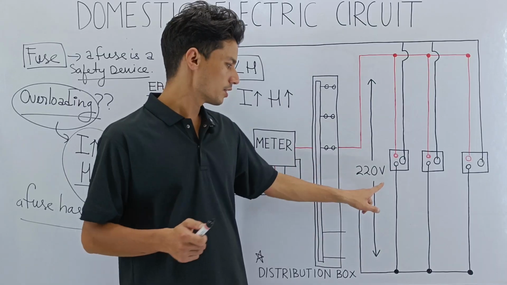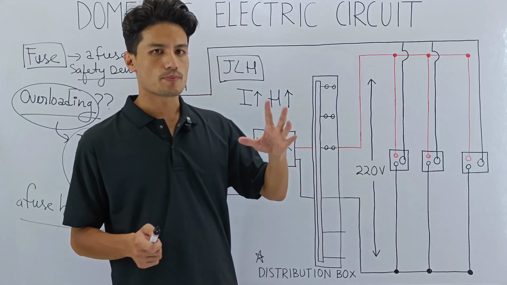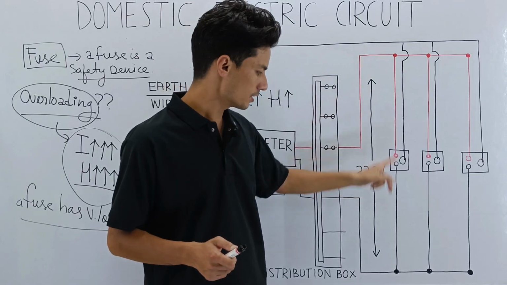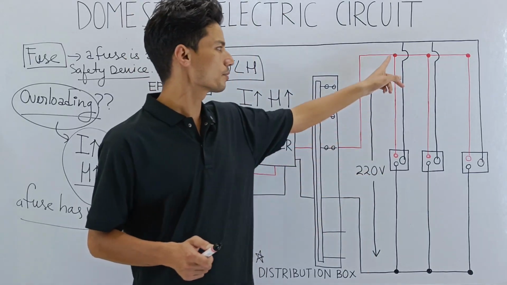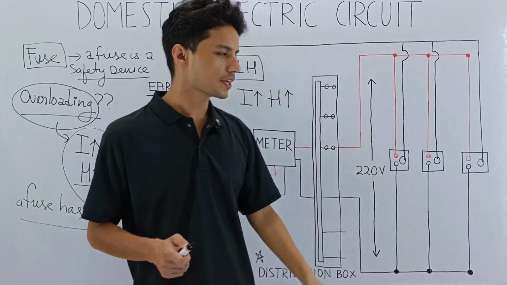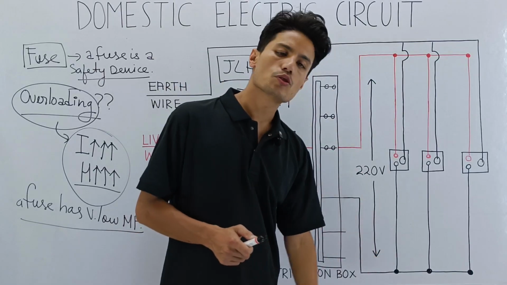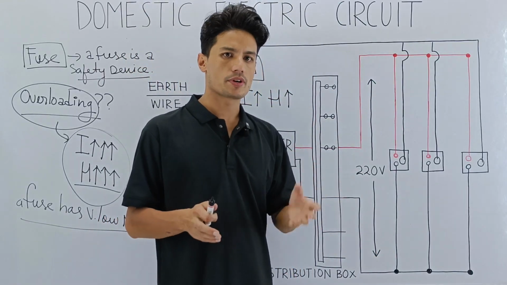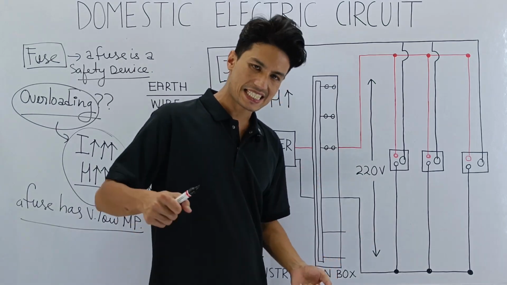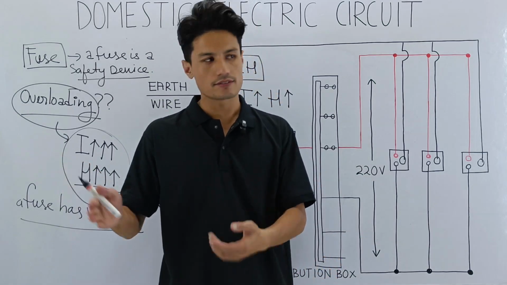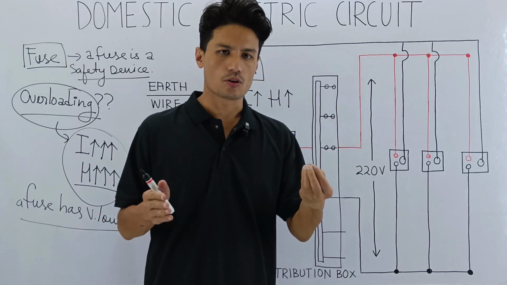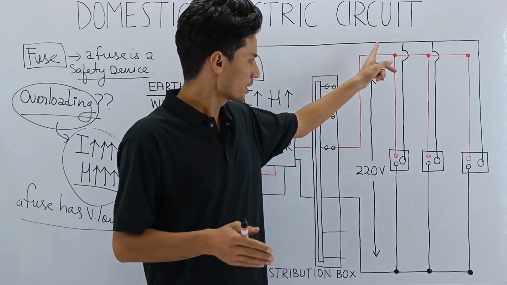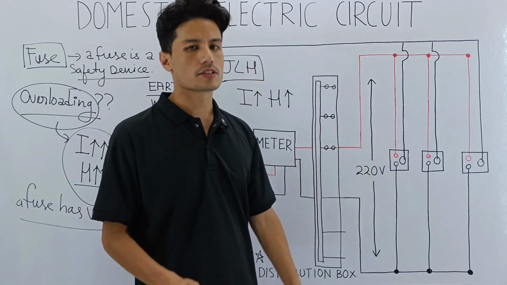So in India, the government gives us a potential difference of 220 volts between the live wire and the neutral wire. And all our electrical devices, whether it's the electric press, the electric iron, fan, oven, or refrigerator, every electrical appliance in India operates within this potential difference.